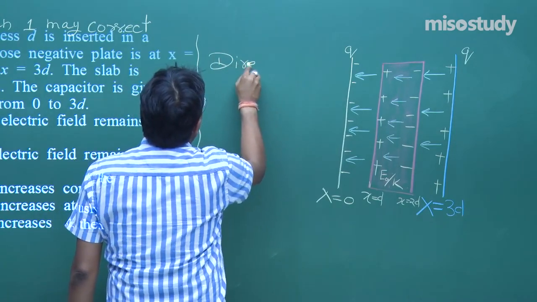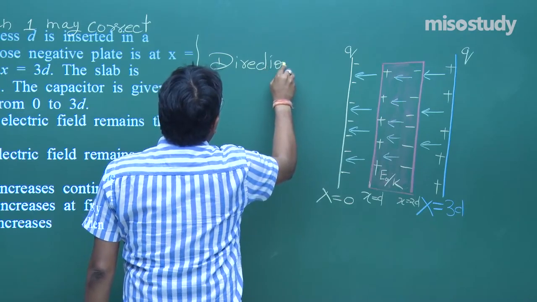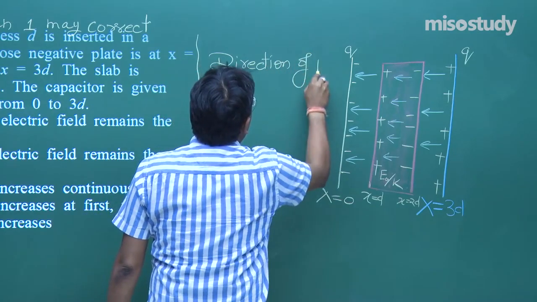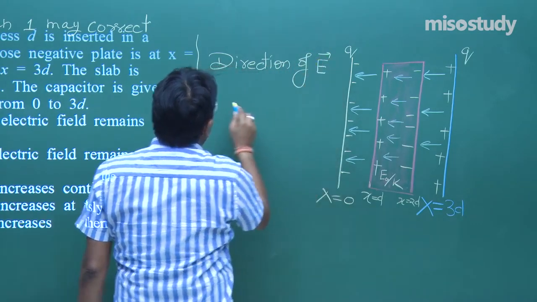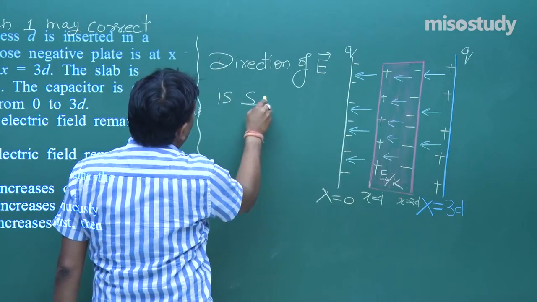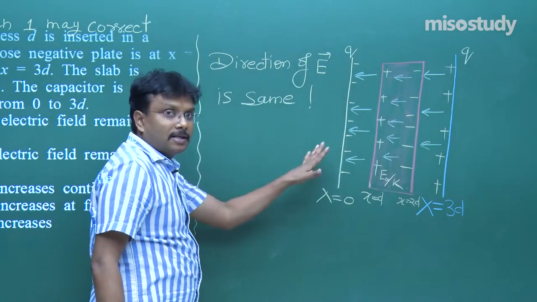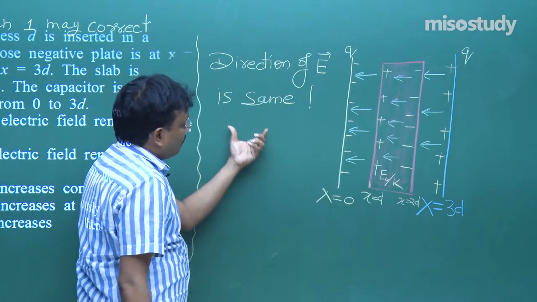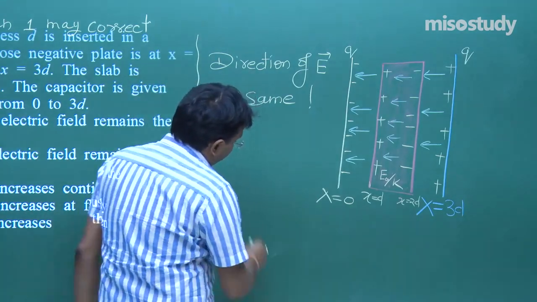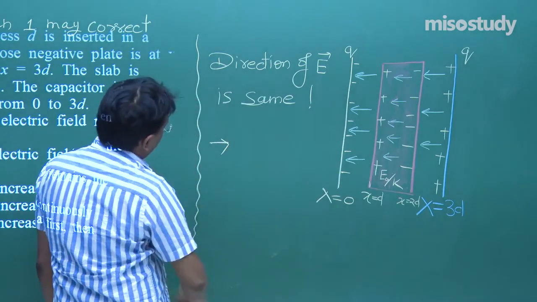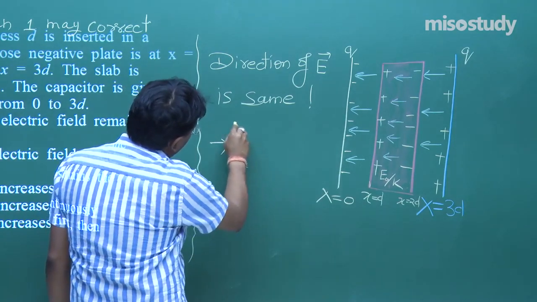So from here what I can say is that the direction of electric field is same. First statement, just for your understanding: direction of E is same. Another is electric field lines.